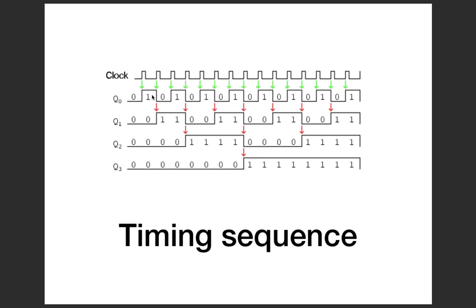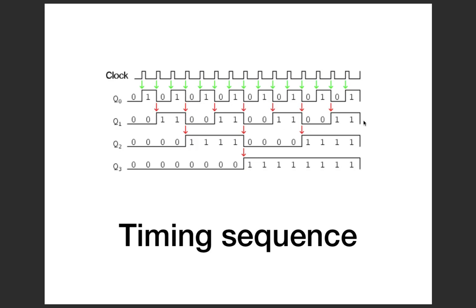And we also observed one thing from this, that is, whenever there is a falling edge in one bit, the next bit will change. That's something we identified in every case. Q1 here toggles when Q0 had a falling edge. Similarly, Q1 toggled again when Q0 hit a falling edge.